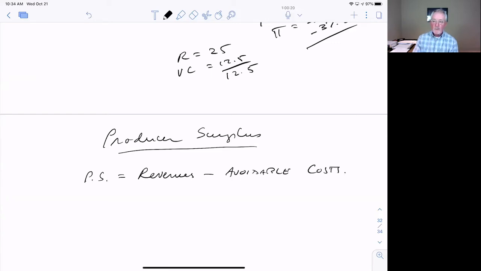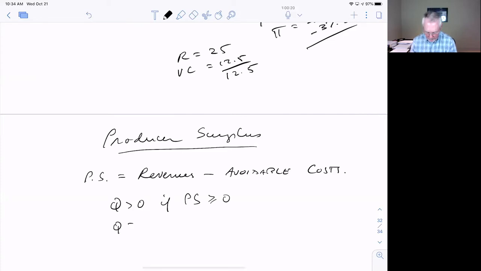And so this really reduces our shutdown rule to: the firm will operate, Q is positive, if producer surplus is not negative.